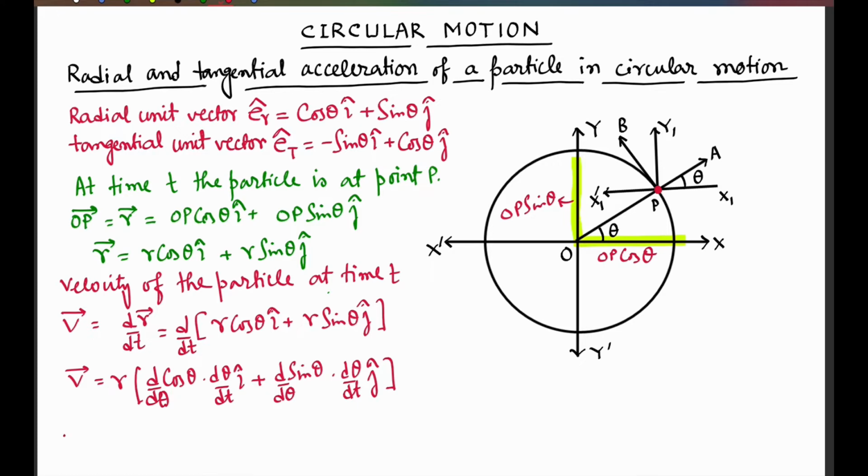Therefore, v is equal to r, differentiation of cos theta with respect to theta is minus sine theta, and d theta/dt is omega, angular velocity, i cap, plus differentiation of sine theta with respect to theta is cos theta into omega into j cap.